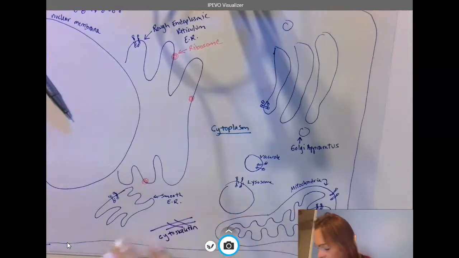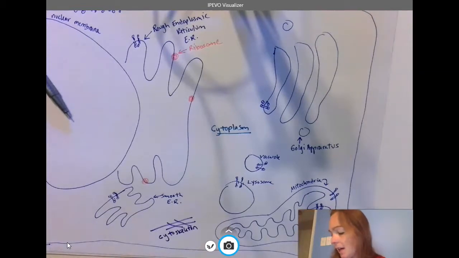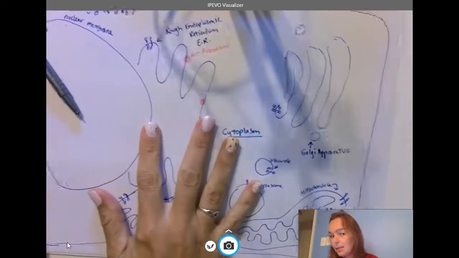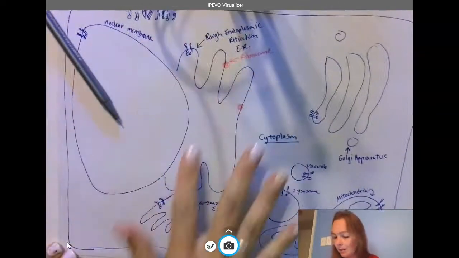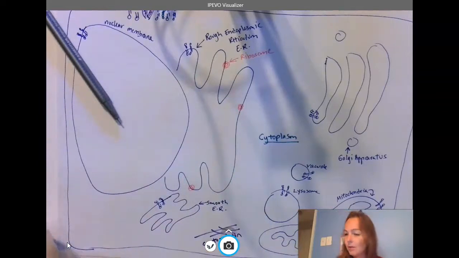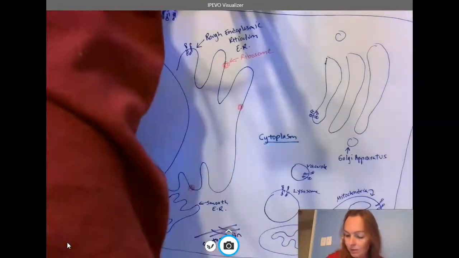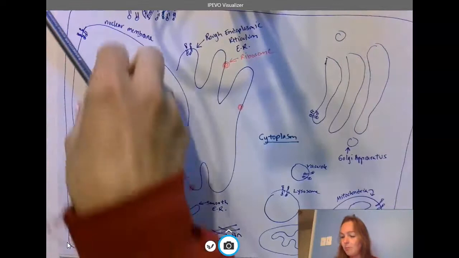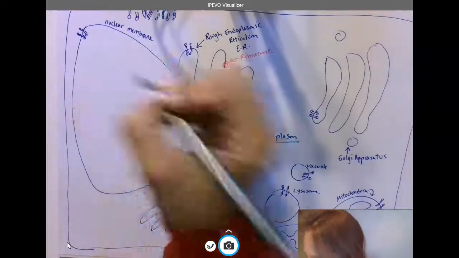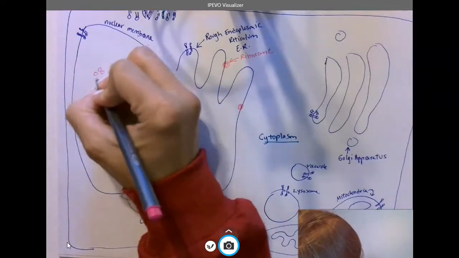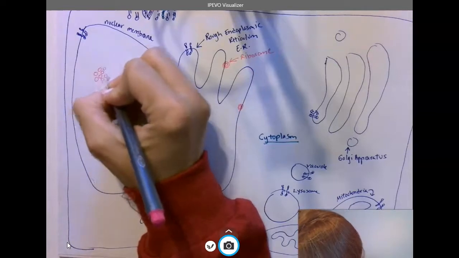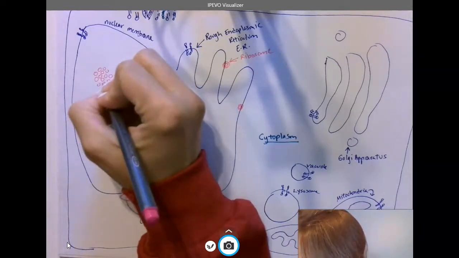The cytoskeleton is a series of microtubules and microfilaments that help provide structure inside the cell and help move things inside the cell. So inside the nuclear membrane, this is the nucleus right here, we also have the nucleolus, and the nucleolus's job is to make ribosomes. So we'll do that right here. It's not membrane bound, it's just a region in the nucleus.